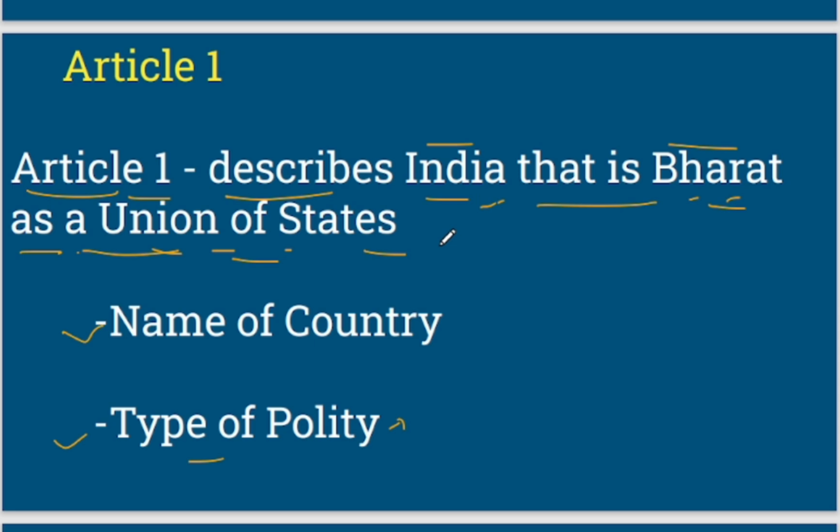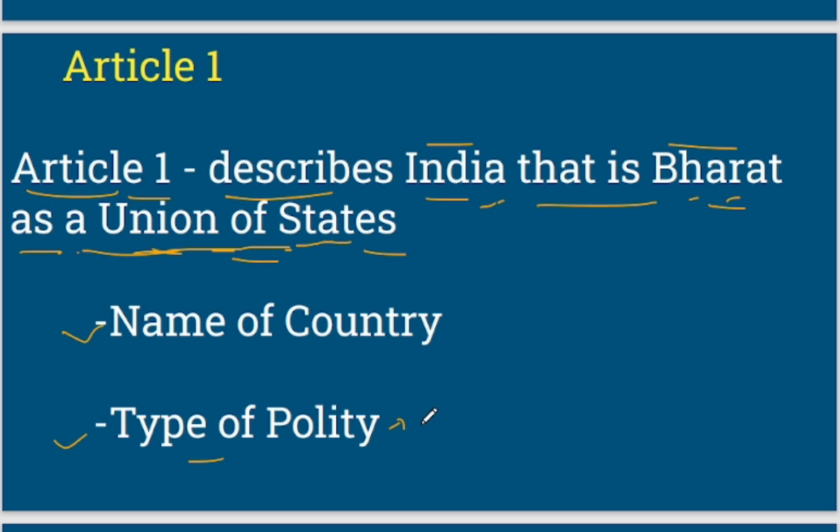India is not formed through agreement among states to form a federation. Rather, India is a union of states. Here in India, states have no right to secede, but that is not the case in the American Federation, where states have the right to secede.